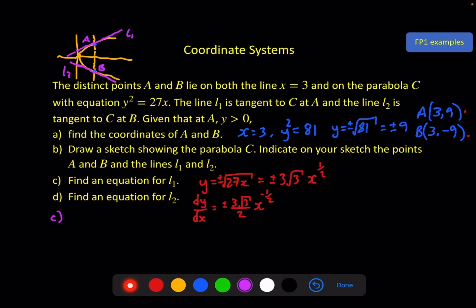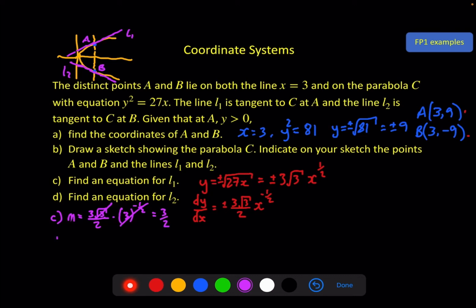So for C, I'm going to have the gradient is equal to the positive root. So we've got 3 root 3 over 2 times x, which is 3, to the minus a half. So that's 1 over the square root of 3. So the square root of 3's cancel out. And my gradient is 3 over 2.